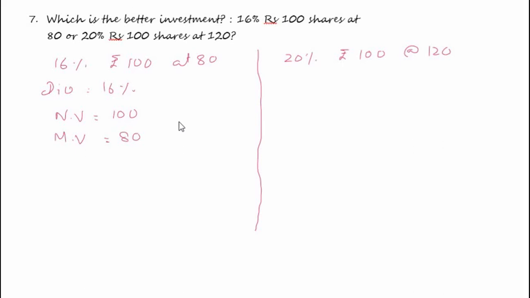Now the dividend that he gets in this case: dividend is dividend percentage into NV. So the dividend percentage is 16 divided by 100 into NV. NV is 100 here, it cancels. So the dividend he gets is rupees 16.